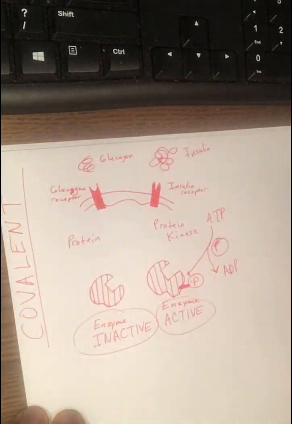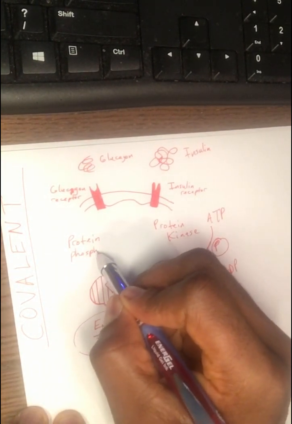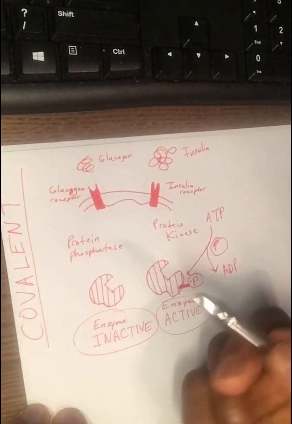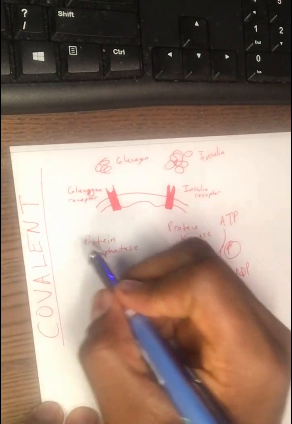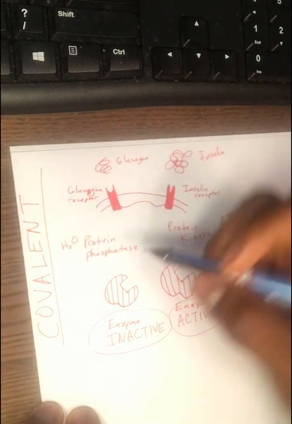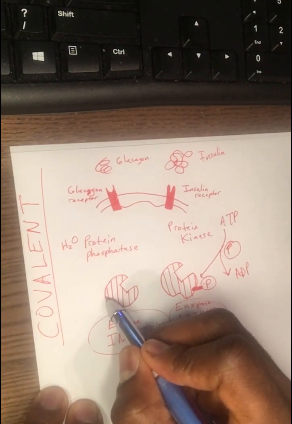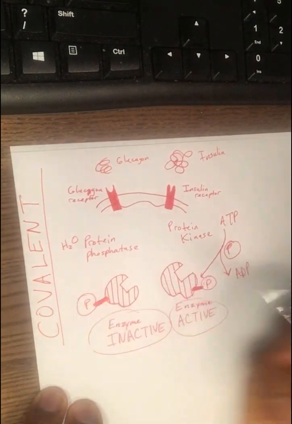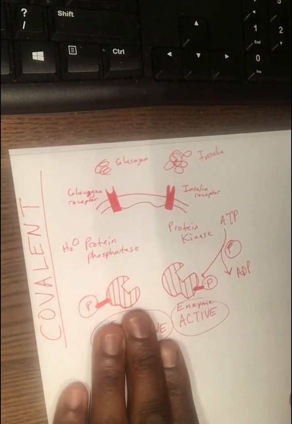This is why I want you guys to understand phosphatases and kinases, because they're so important. This phosphatase will use water in some way, H2O. Let's just say here that this enzyme had already been phosphorylated, so it would be active.